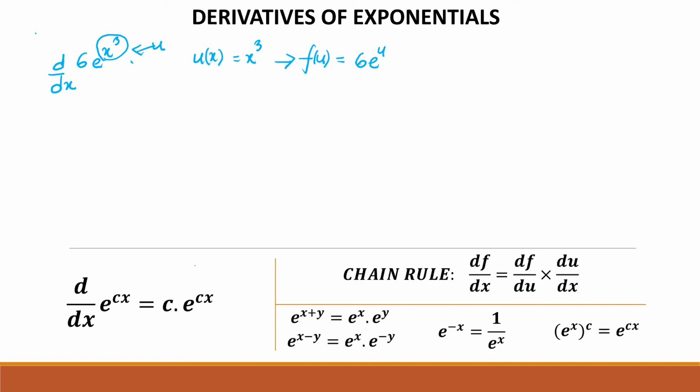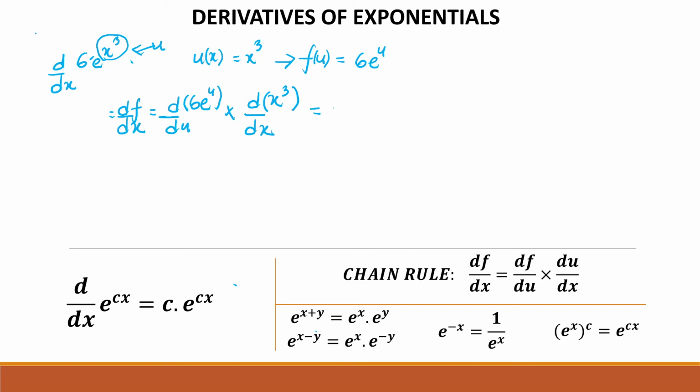So now, according to the chain rule that we studied in our previous video, the derivative of any function f with respect to x is the derivative of f with respect to u, which is 6e to the power u, times the derivative of the variable u with respect to x, which in our case is x cubed with respect to x.